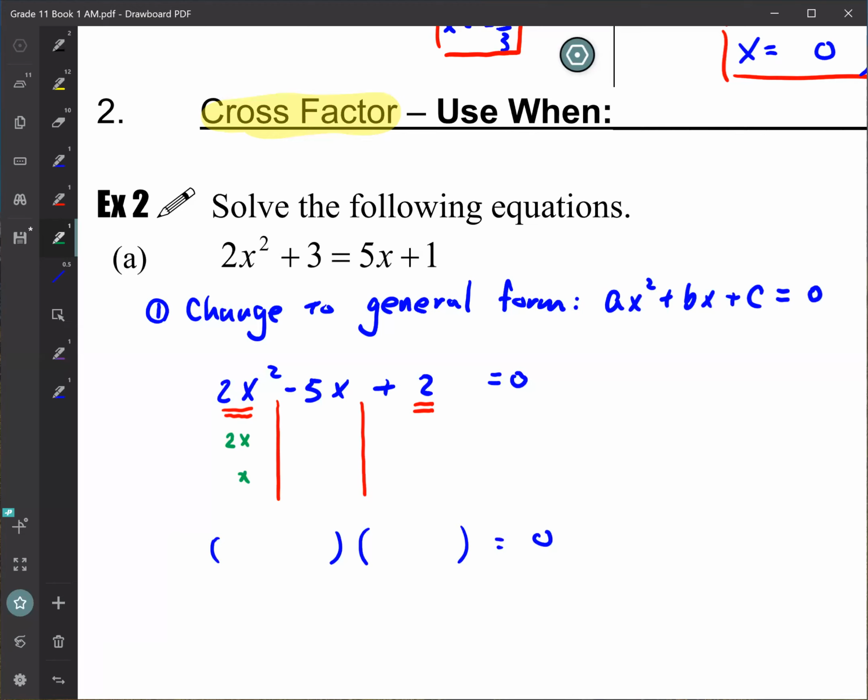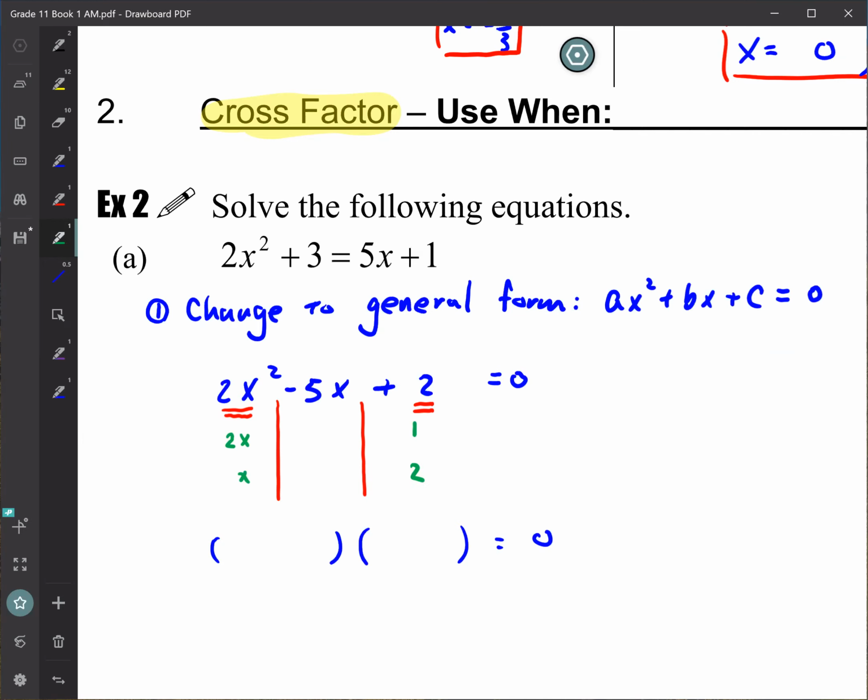It has to multiply together to make 2. Two numbers multiply equal to 2. Integers, okay, give me 2 integers. 1 and 2. 1 times 2, right? Okay, so let's do that.